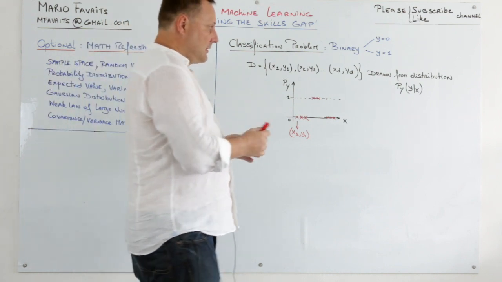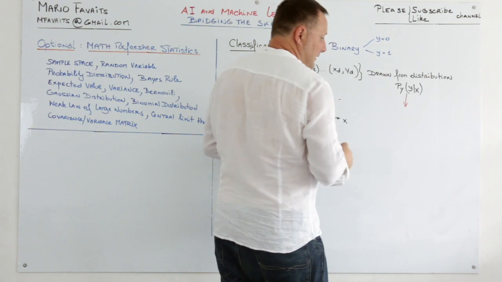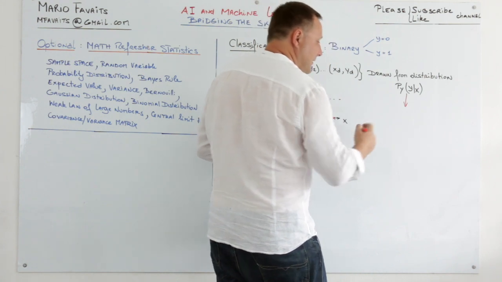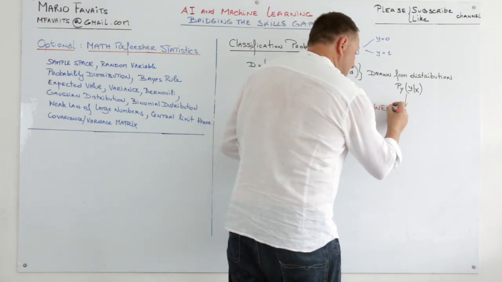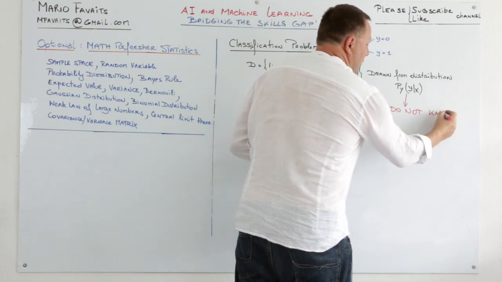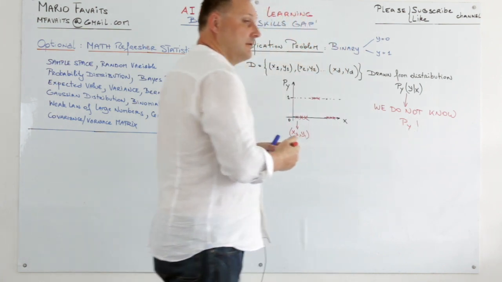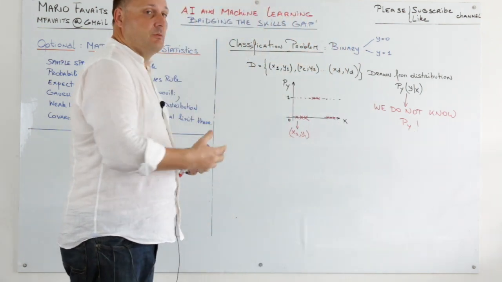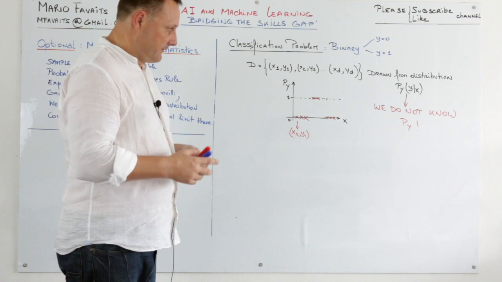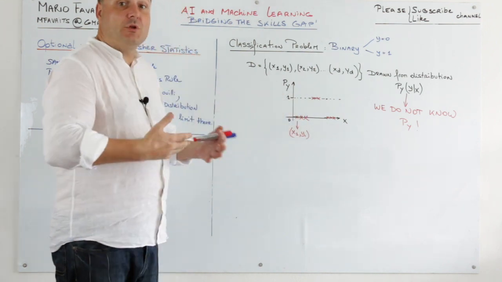The thing is that in a classification example, we do not know p of y given x. It's exactly what we want to determine. Let me give you an example here of what we would like to have.